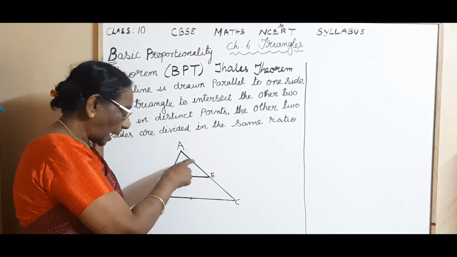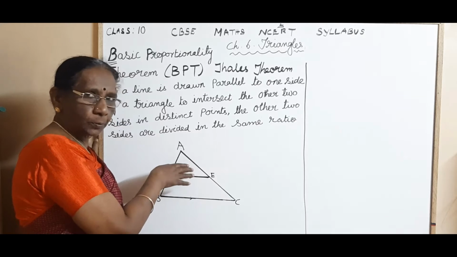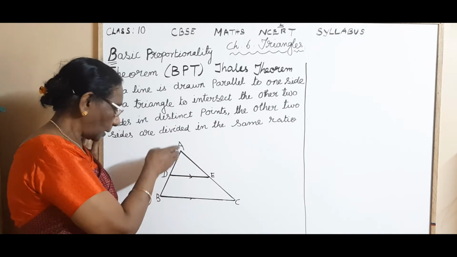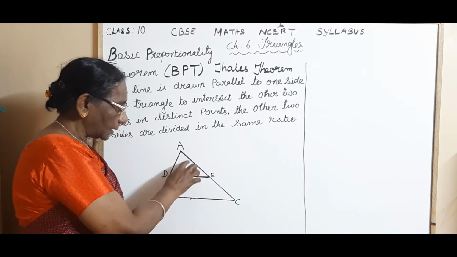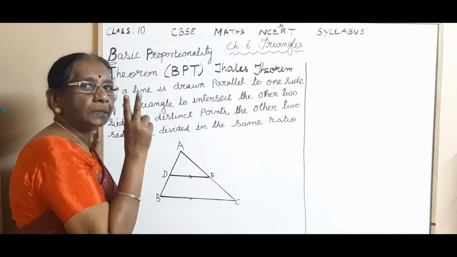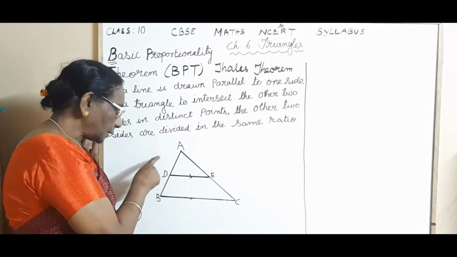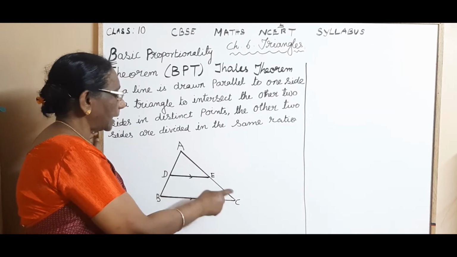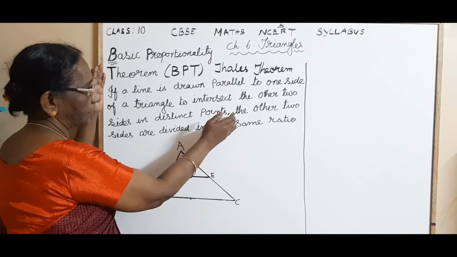So what does the line do here? It is intersecting the other two sides. This is the base BC. The other two sides are AB and AC. And it is intersecting the other two sides in two distinct points. Distinct means what children? Different. So it is intersecting AB at D and the side AC at E. That's the meaning of the statement up to this.